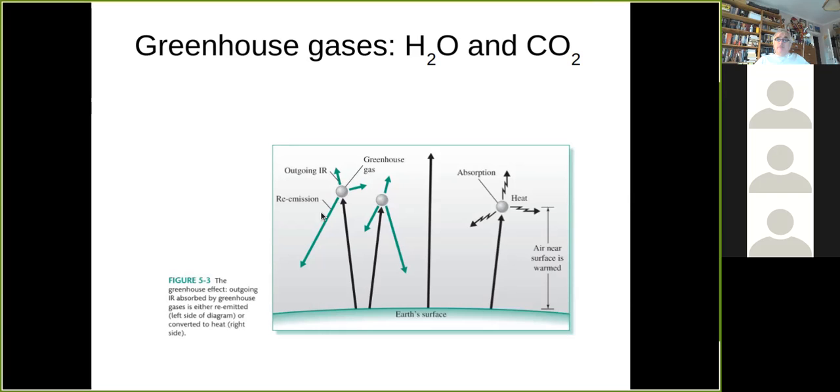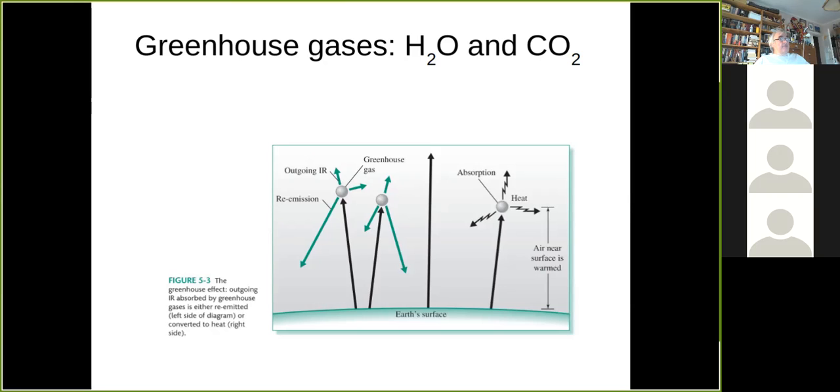So some of the radiation will be re-radiated downward. So having these two gases in the atmosphere will sort of cover up. It's like a window in a greenhouse that saves the heat on Earth.